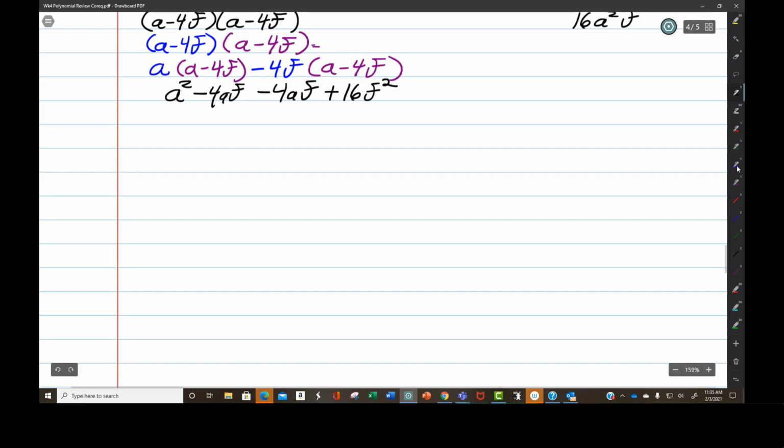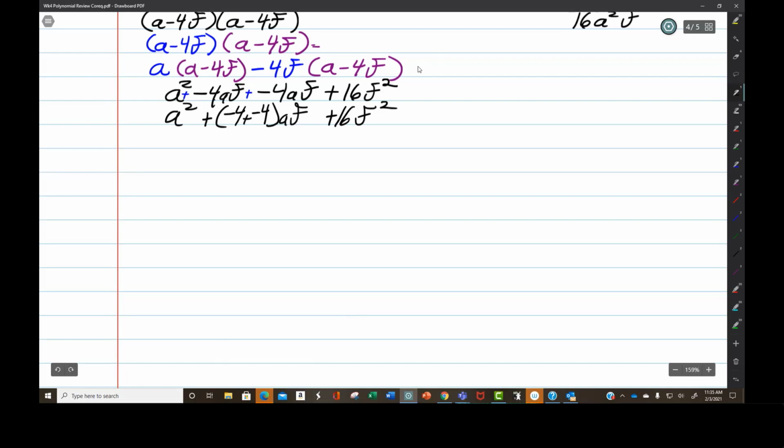And remember that you have invisible plus signs. That's actually important here because you're going to have A squared plus negative 4 plus negative 4 plus 16F squared.